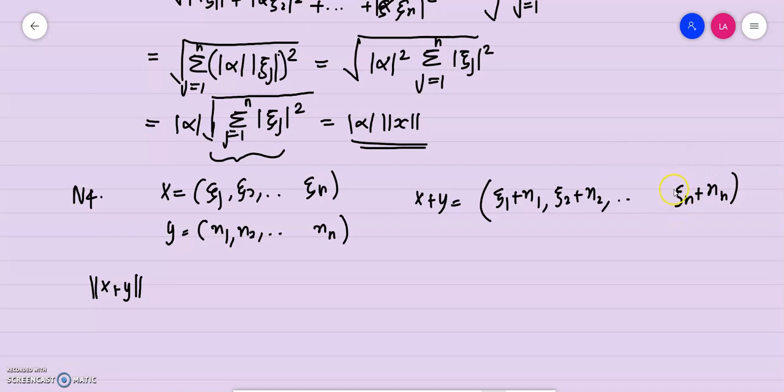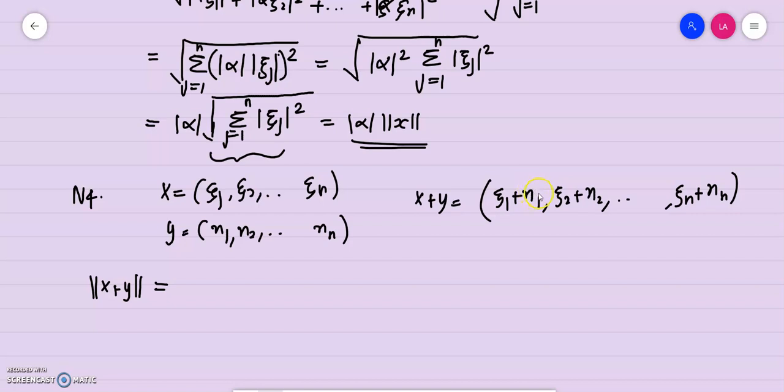This is what we have obtained. Norm of x plus y is the square root of the sum of the squares of the moduli of each component, theta 1 plus eta 1, theta 2 plus eta 2, and so on. By our definition of norm, we square the modulus of each component, take the sum, and take the square root.